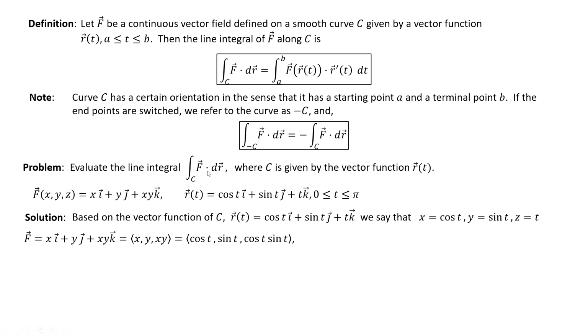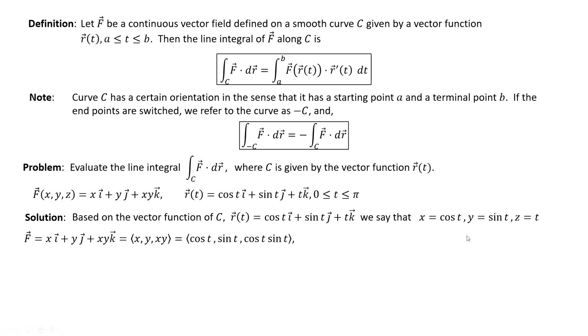Because I need to take the dot product pretty soon. I simply replaced x with cosine t, y with sine t, and the z component of this vector field is xy, which is cosine t times sine t.